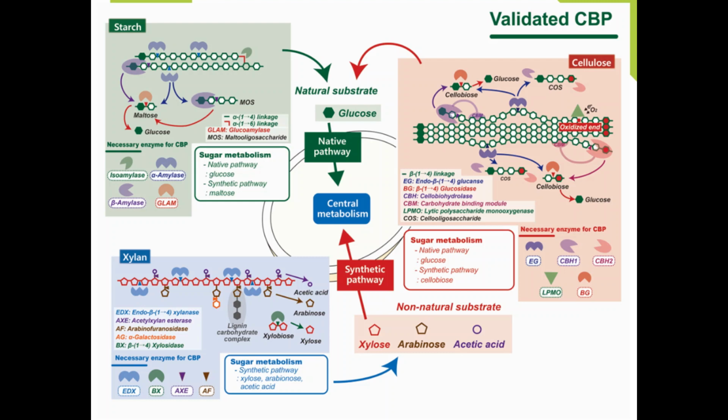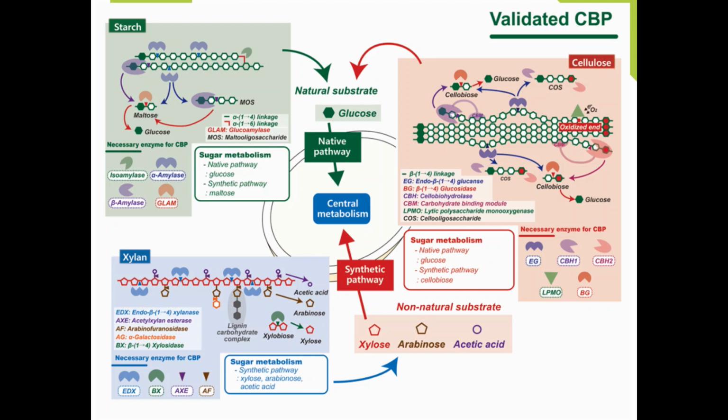In this figure, it just shows you validated CBP or consolidated bioprocess. When I say consolidated bioprocess, it just means that during the fermentation, the biomass pretreatment part is not added to it anymore, because the strain itself is capable of doing the biomass to sugars process.